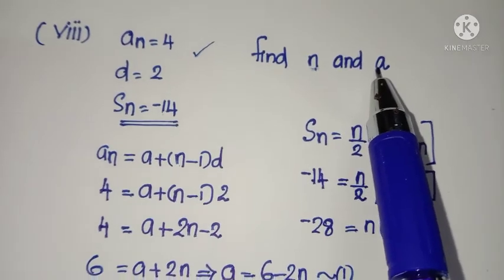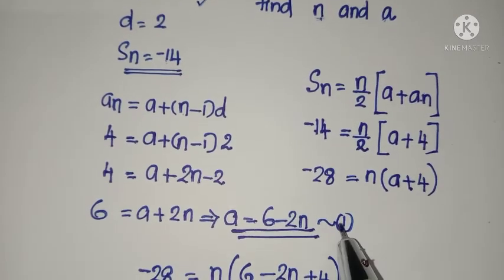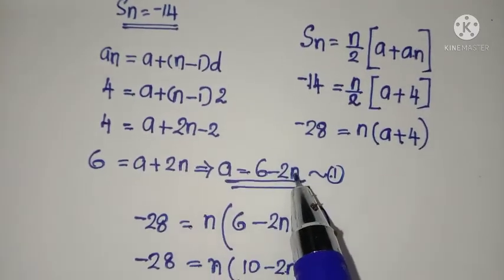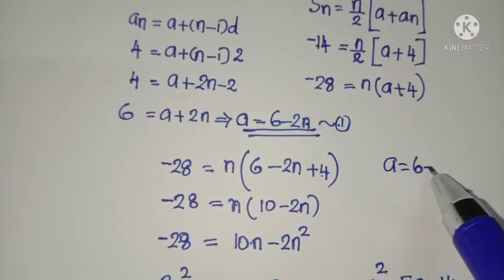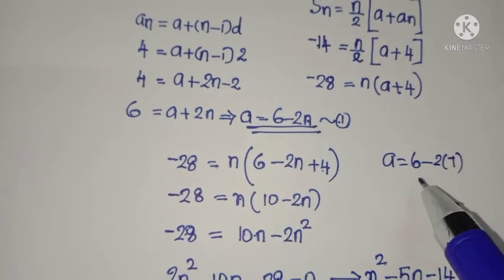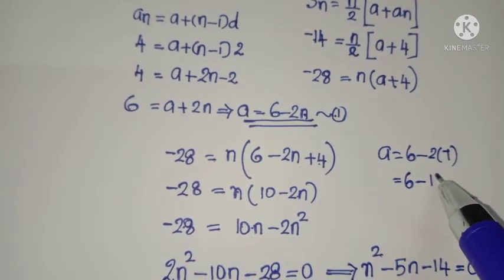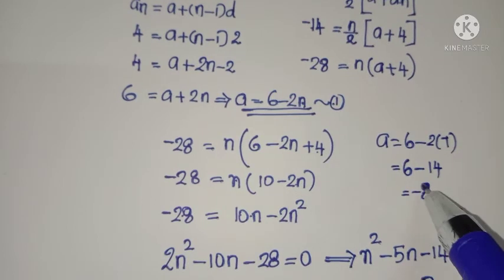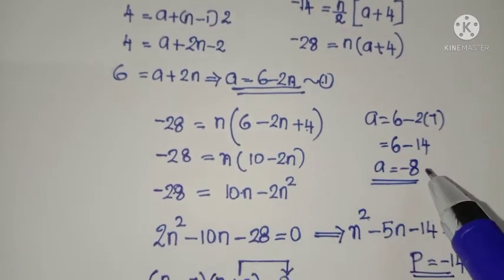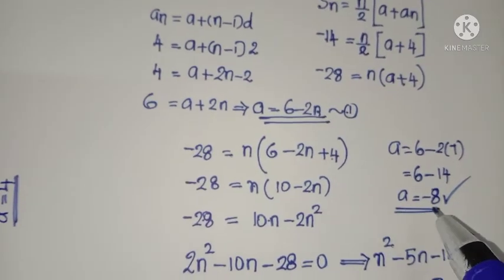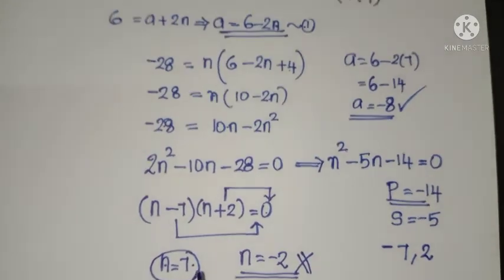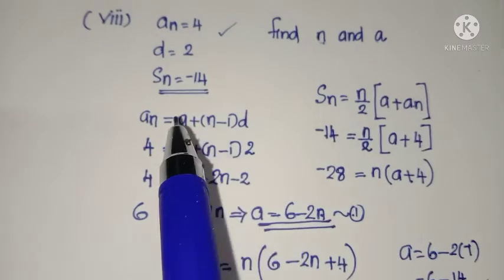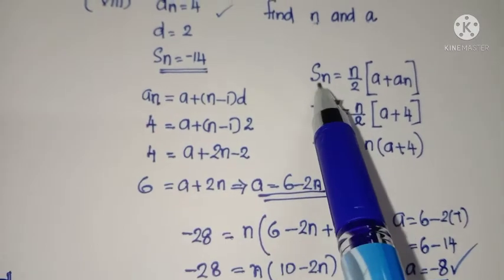Now we want to find a. So in equation 1 put n equal to 7. So a is equal to 6 minus 2 into 7, that is 6 minus 14, that is minus 8. a is equal to minus 8. So first term is minus 8, number of terms equal to 7. So we used both the formulas an and Sn.